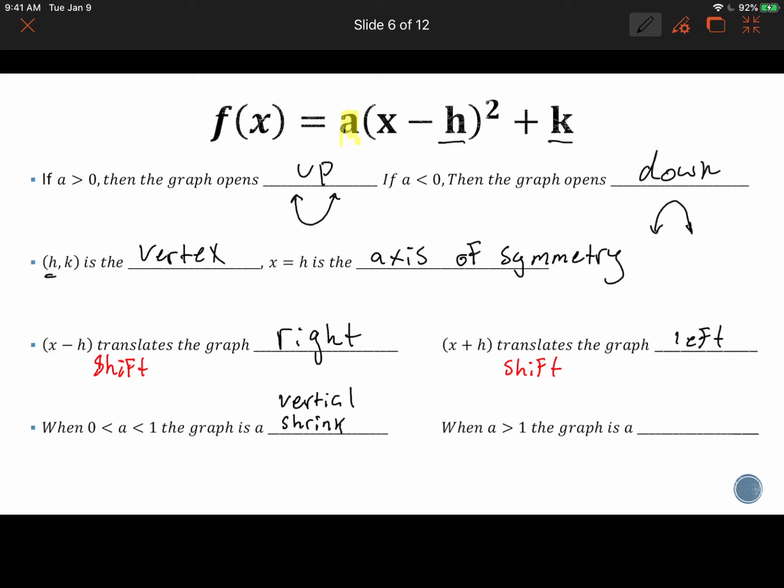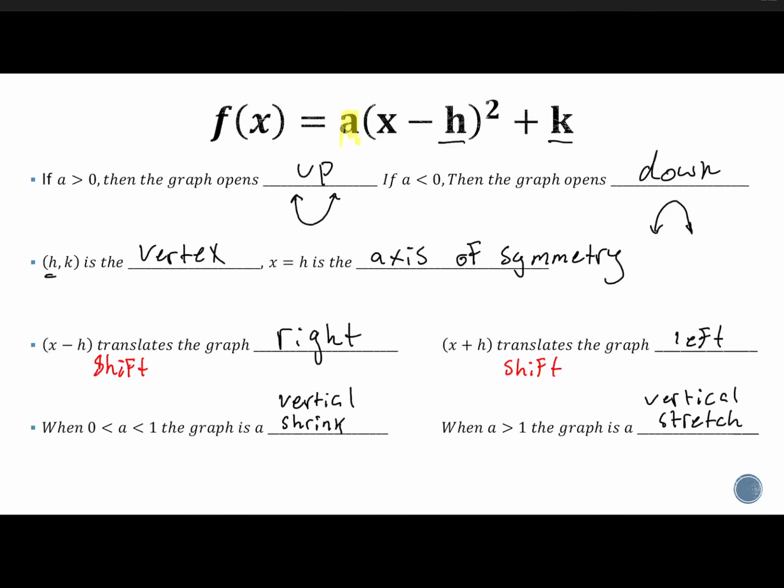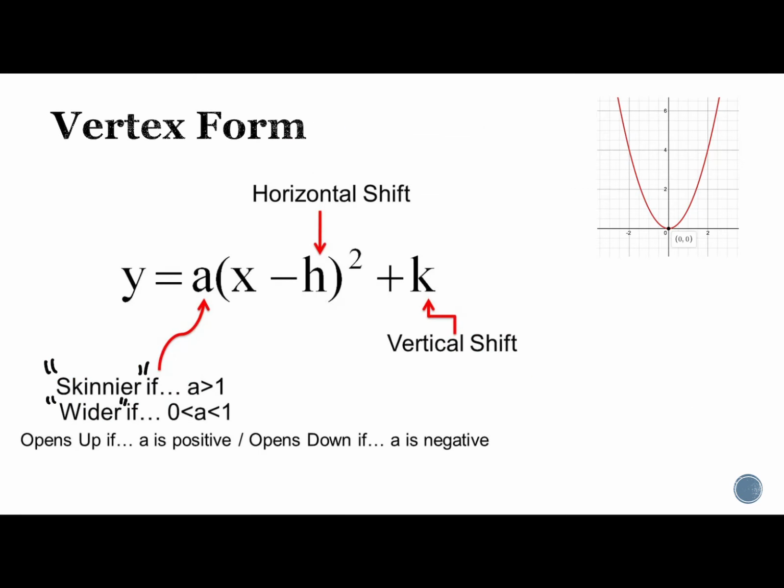And if a is greater than 1, the graph is a vertical stretch. We have a few more examples to show you how this ties in to an equation and its graph. So let's take a look.